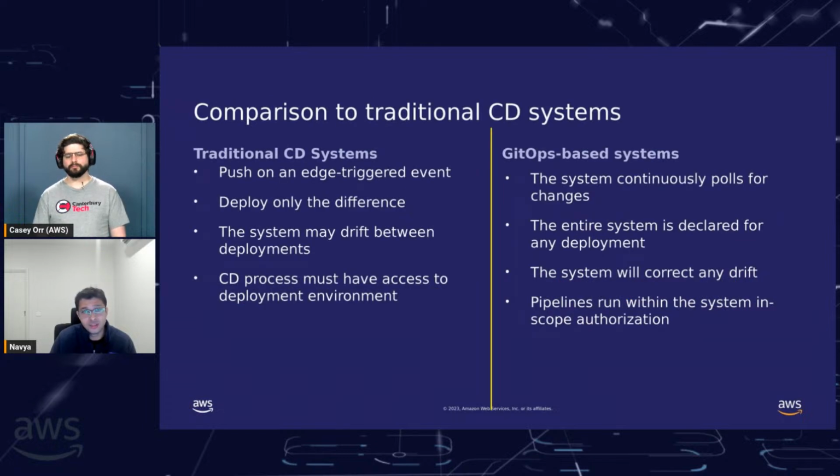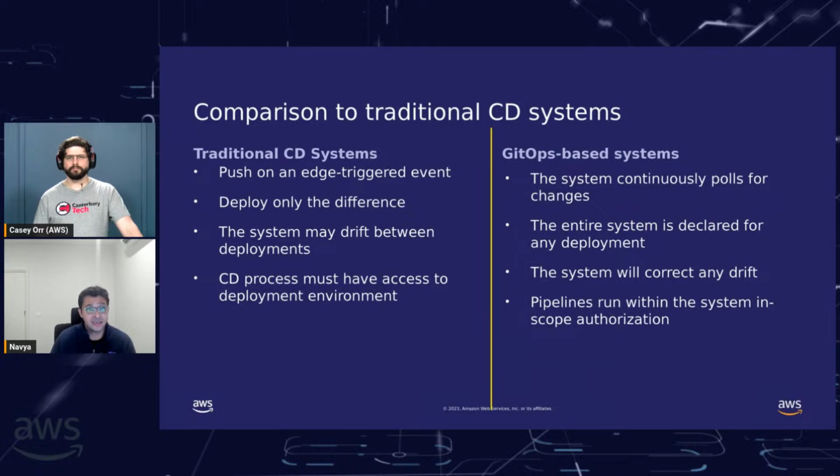Cool. So this is basically a simple comparison between traditional CD systems and GitOps-based systems. As you know, we trigger pipelines to go and deploy things. Over here, it will continuously poll for changes that are happening. So whatever you deploy to your Git repository, it will sense it and then deploy the same for you quickly, deploying the difference rather than the entire state of the declared setup and deployment.